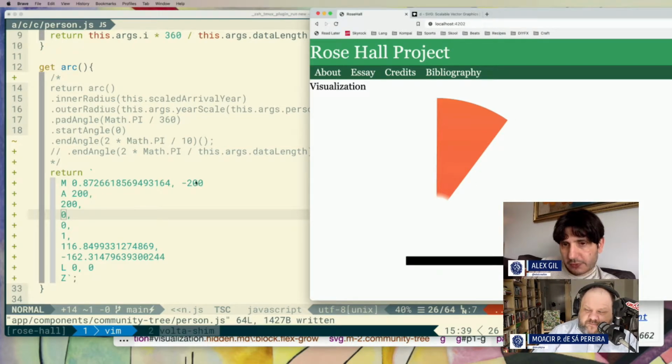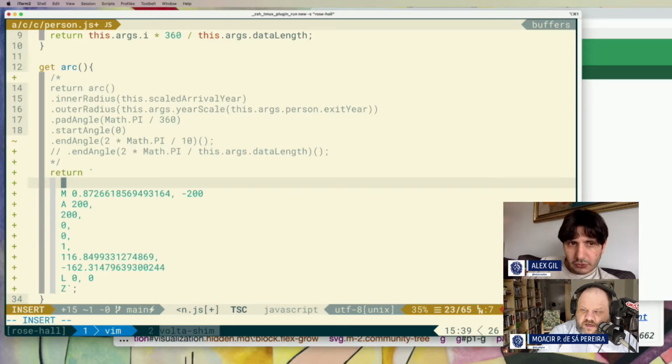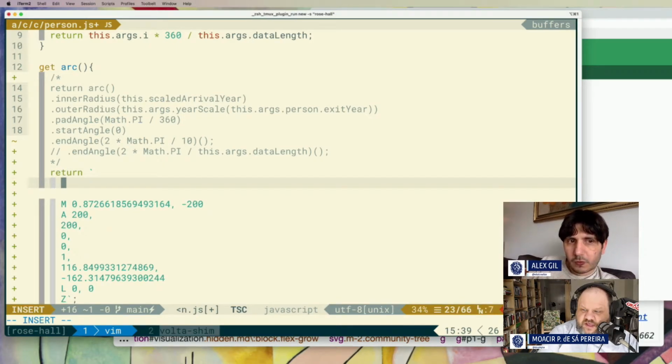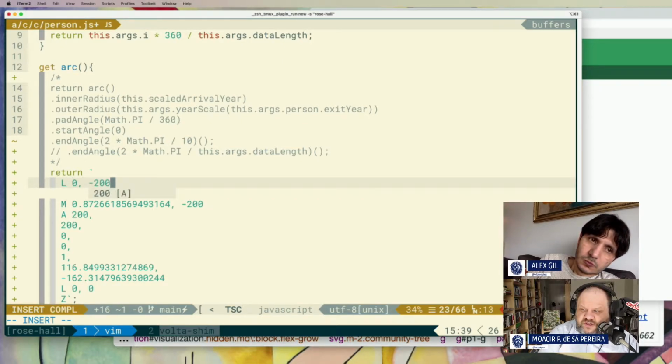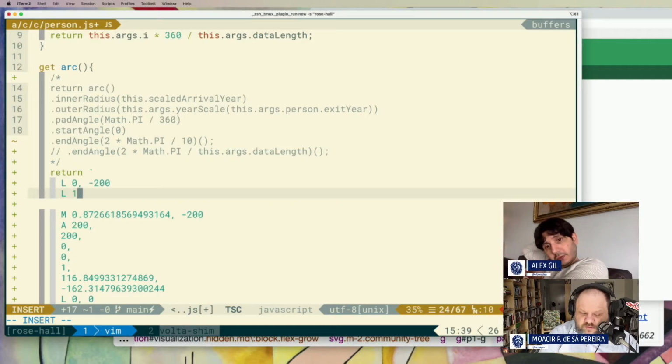So my suggestion is that we replace this with L 0 minus 200. You've got to put the point somewhere. To start with, you've got to put the point somewhere. What point?